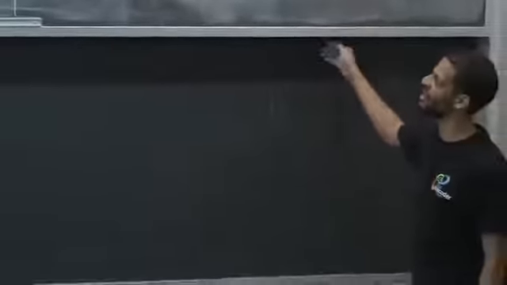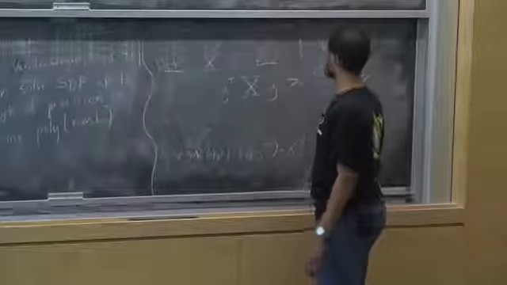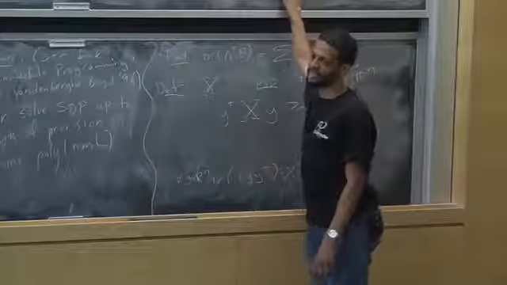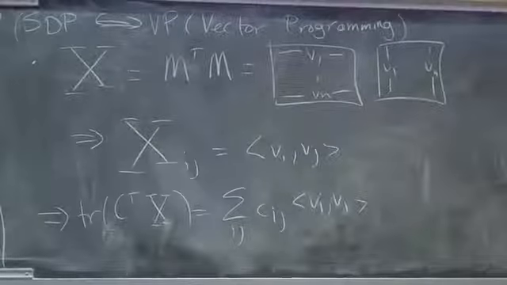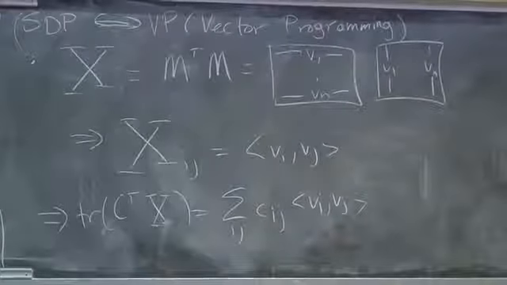So vector programming is like linear programming, except the variables are dot products like this. SDP can be solved efficiently, so VP can be solved efficiently.